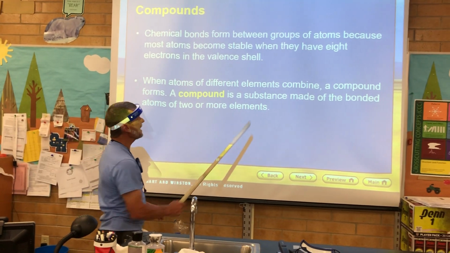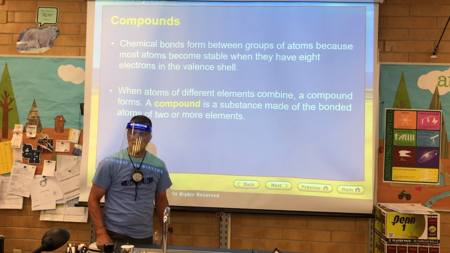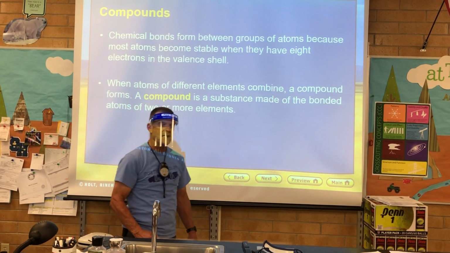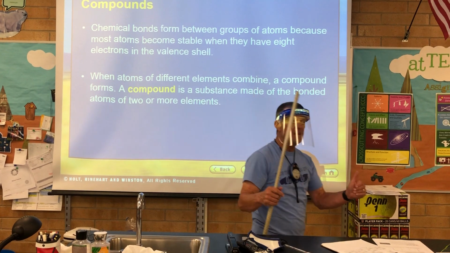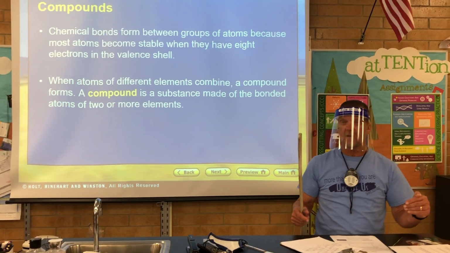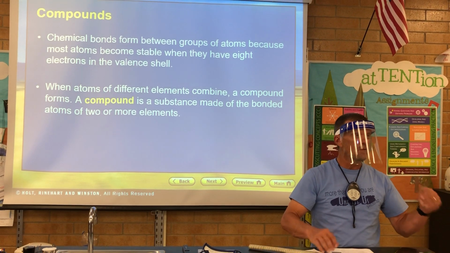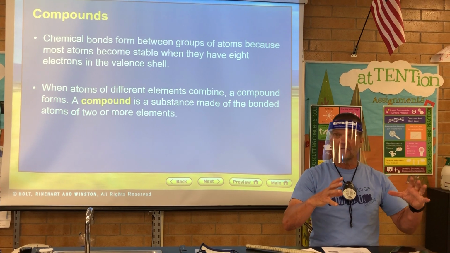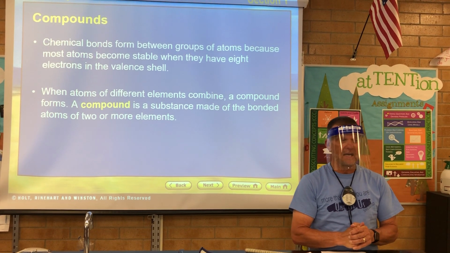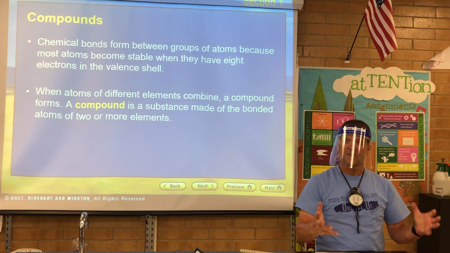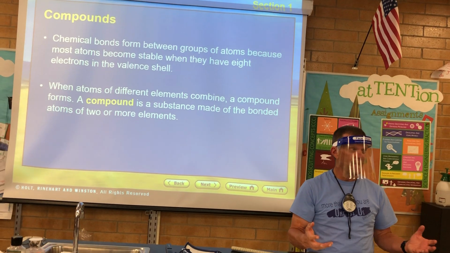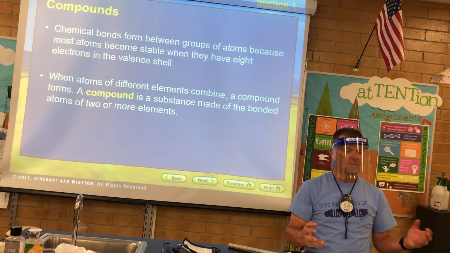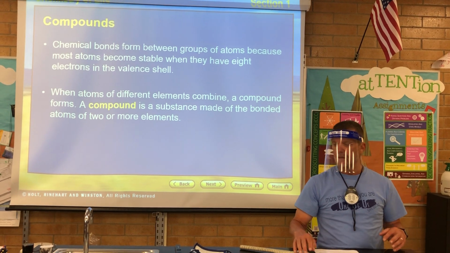We want 8 in that outside energy level. Okay? And they do things like sharing electrons or stealing electrons or giving electrons away in order to create that stable outside energy level with 8 electrons. And so electrons are the key to making compounds and molecules, which means atoms and elements are combined.